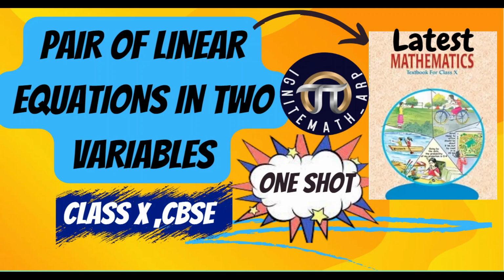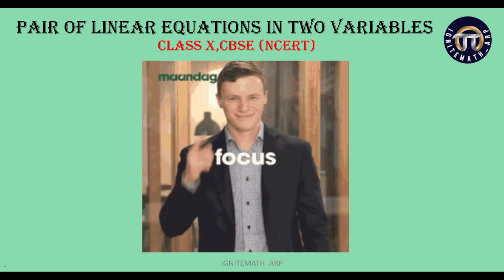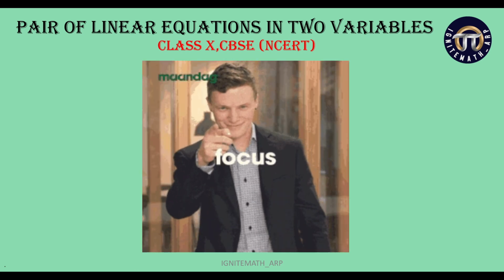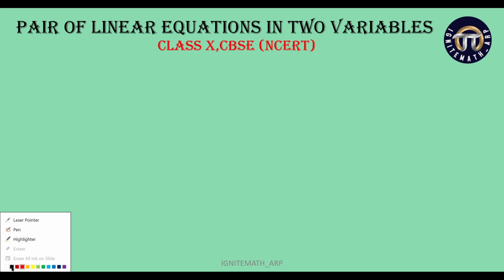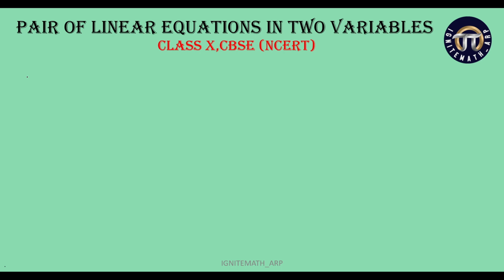Clear children? Yes, let's start with the concept that is linear equations in two variables. I hope all of you are aware of what is an equation. First of all, an equation is a statement of equality.